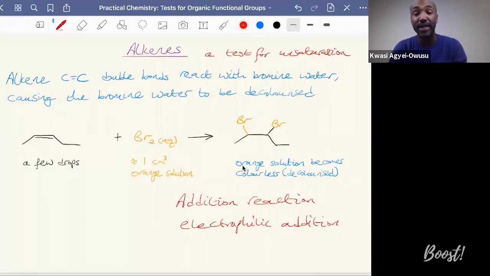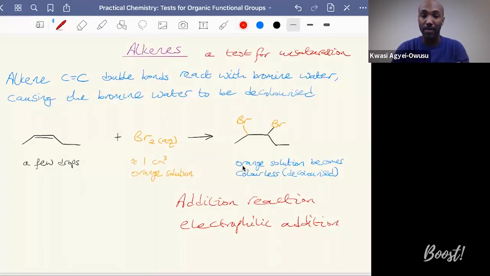Okay, so the result of this is that your bromine dissolved in water, which is usually orange, depending on how concentrated it is, it might be more straw-colored, a bit yellow, or orange. Once that's been used up, there's no longer any bromine dissolved in your water. That orange color disappears because you've now broken up the bromine molecule so that you can add bromine atoms across the double bond.